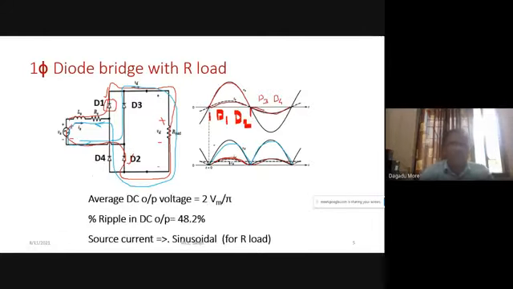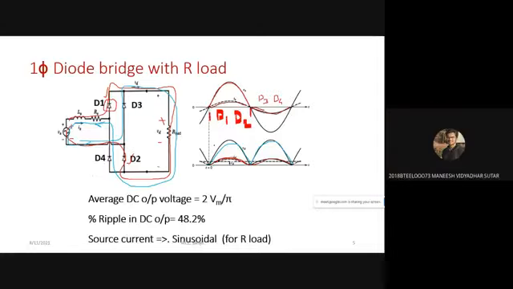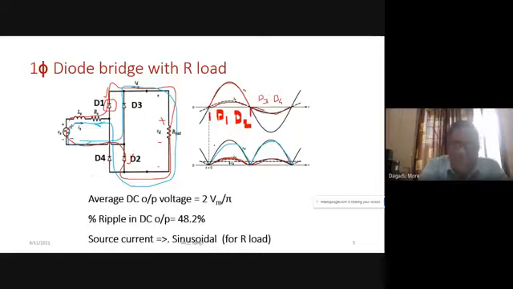So here, what comment can you make for a resistive load? Our supply current is sinusoidal. Is it? Am I audible? Hello. Yes, sir. So our supply current is sinusoidal when our load is a resistive load. Is it clear? The first waveform shows the supply voltage, and the other is the source current.